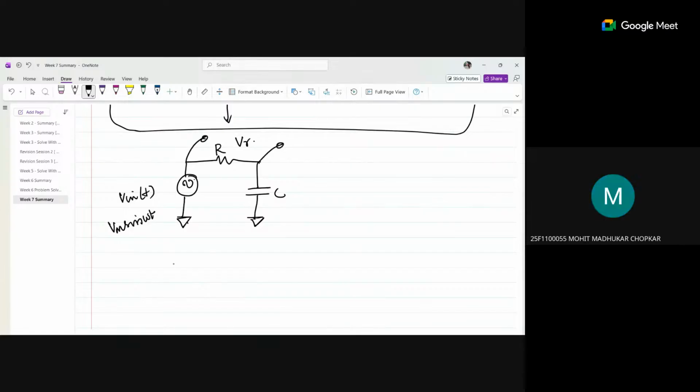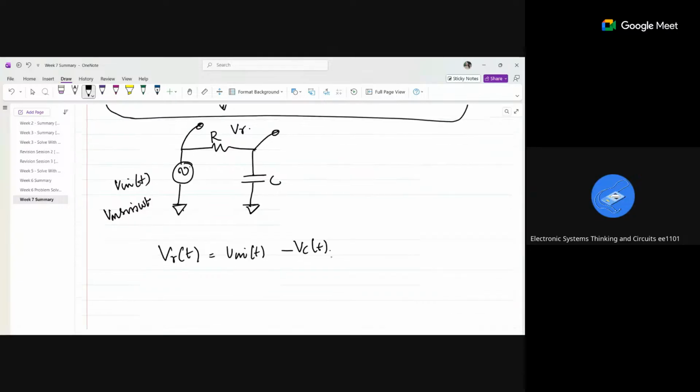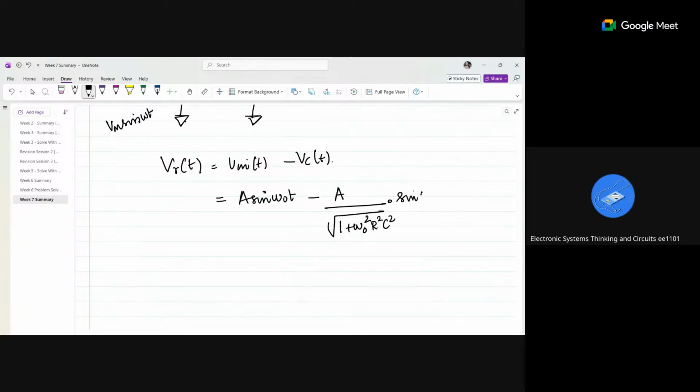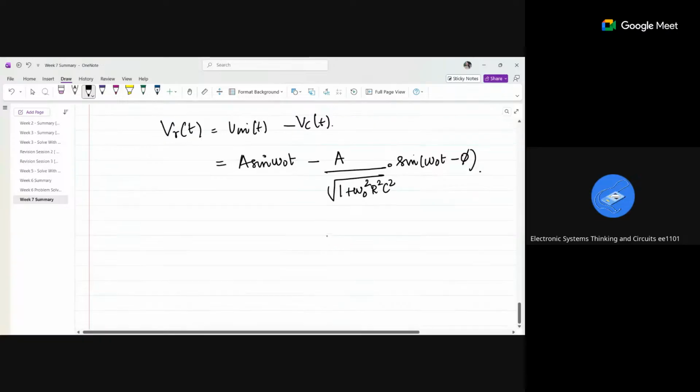The same way, Vr of t is equal to Vin of t minus Vc of t. It is nothing but A sine omega naught t minus A by the square root of (1 plus omega naught squared R squared C squared) sine(omega naught t minus phi). We have already seen this in the low pass filter, right? Phi is the same, tan inverse of omega naught RC.